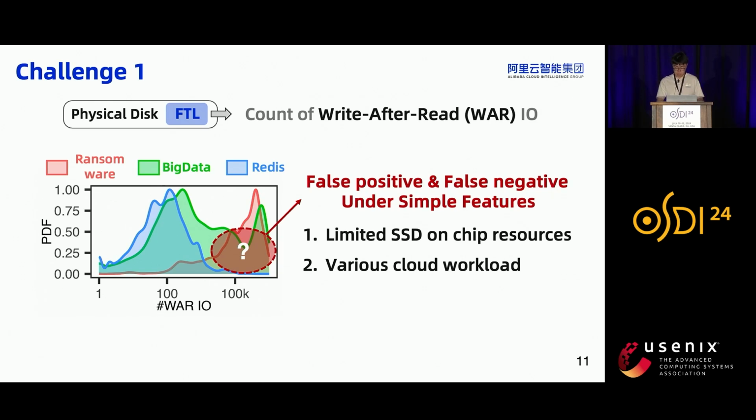This is because SSDs have relatively weak processing power, so they choose simpler features. But cloud workloads can be varying, and therefore cannot be easily differentiated by the simple features.